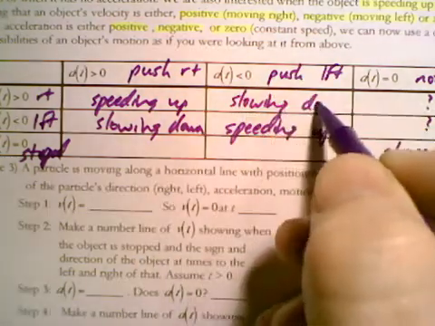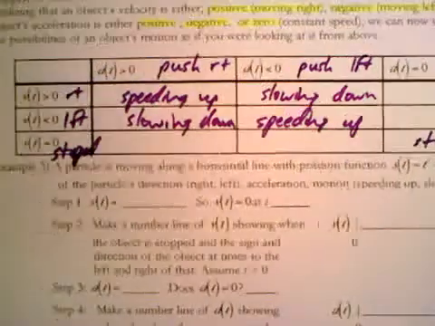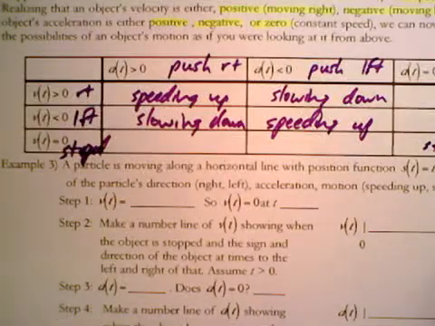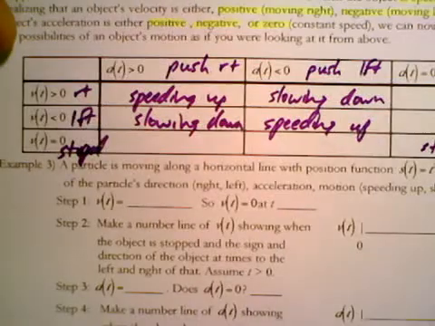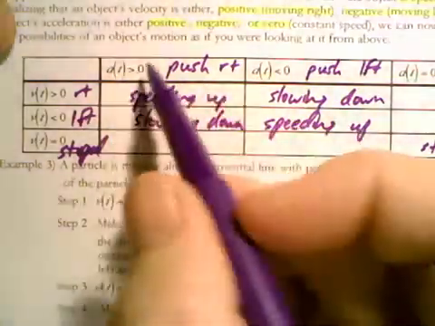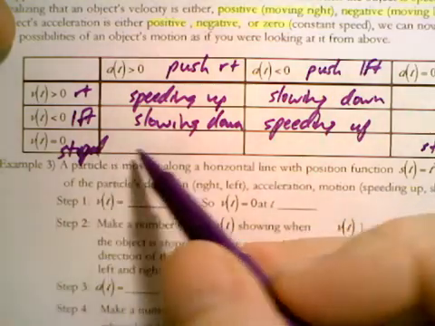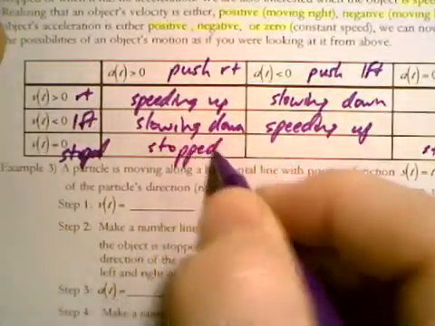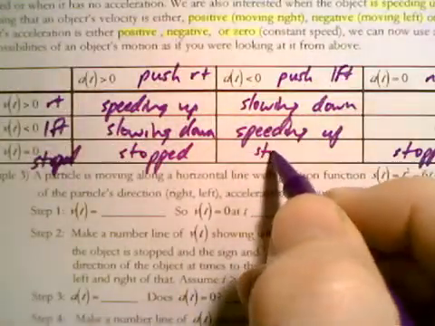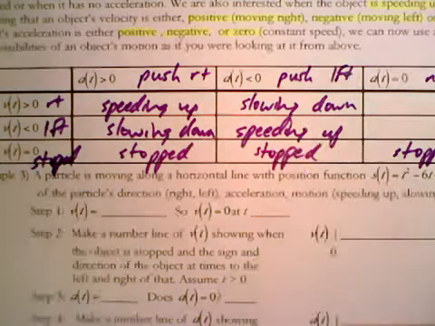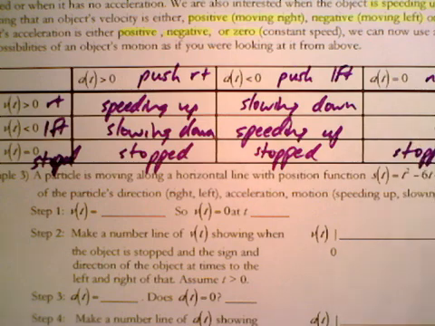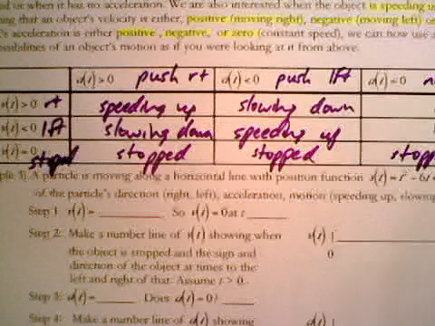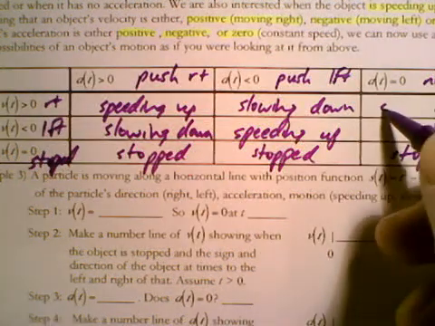This is probably not going to make a whole lot of sense right now. Just fill out the chart and I'll give you a good visual in class, like I said. But use this to answer the questions as well. Pushing to the right but stopped, you're just stopped. If you're stopped, you're stopped. And again, moving left, not speeding up or slowing down, this I guess would be constant speed.